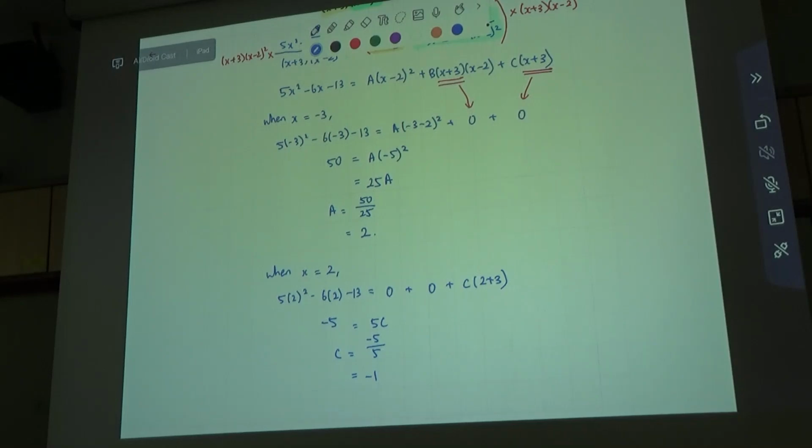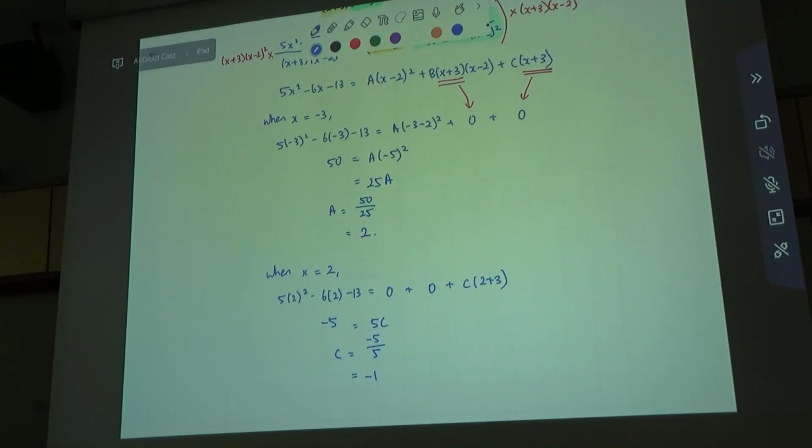Is there a way for me to substitute a suitable value to find B? No way, right? Because when I substitute in -3, my B disappears, becomes 0. When I substitute in x equals to 2, my B also disappears, becomes 0. So we need to find out another way to actually find out the value of B.